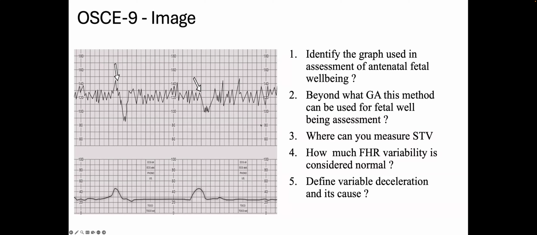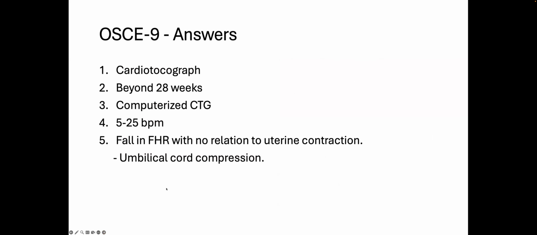So CTG after 28 weeks is one answer we have. Okay, so let's look at the answers. So obviously this is a cardiotocograph, and as correctly answered by one of the students, it is done beyond 28 weeks of gestation.